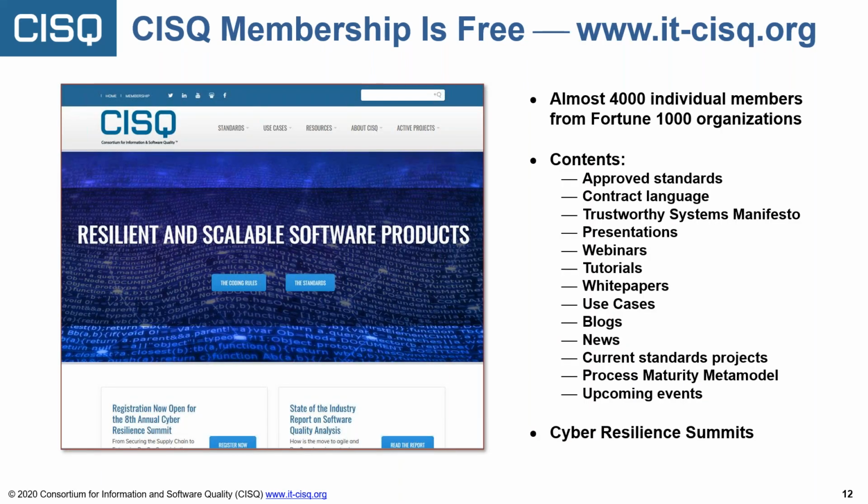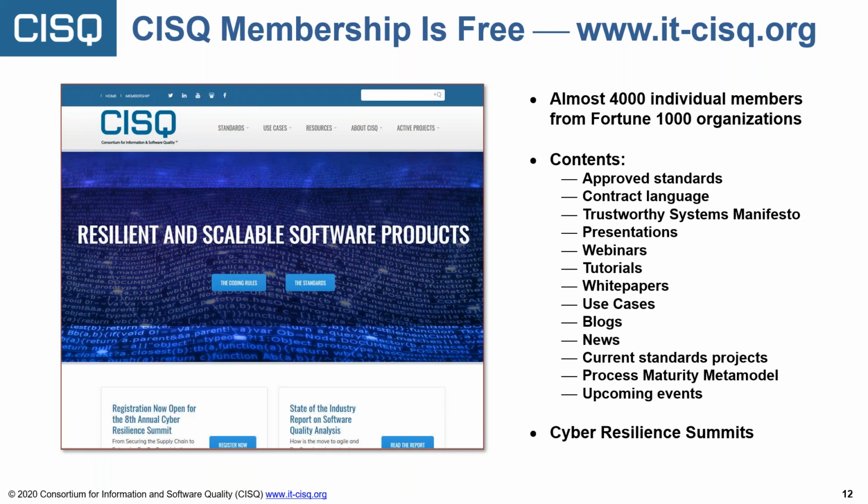This is the CISQ website. You can also get the copy of the standard as it appears in its OMG instantiation from the website. But there's a lot of other information here. All of the standards that CISQ has created, that OMG has accepted as OMG standards, are available both on the CISQ website and the OMG website. We have almost 4,000 individual members. Membership is free.